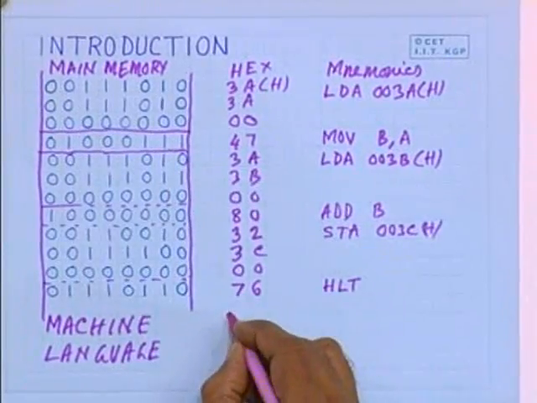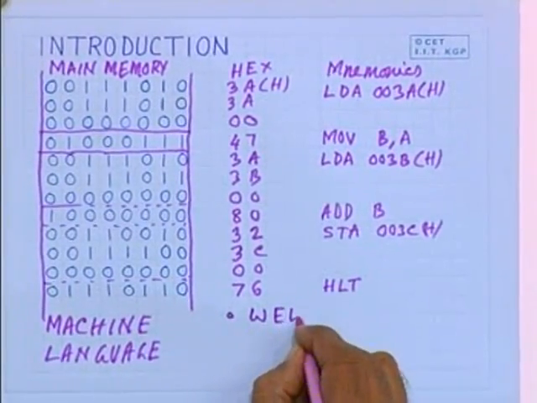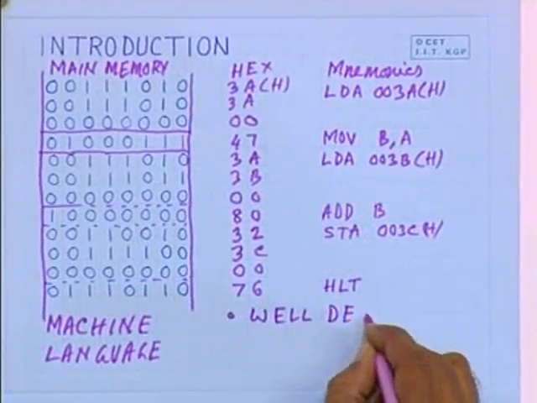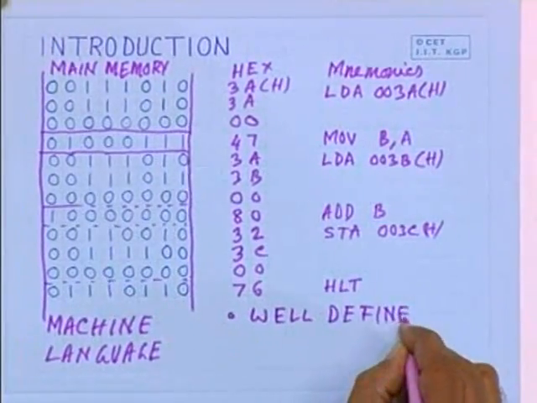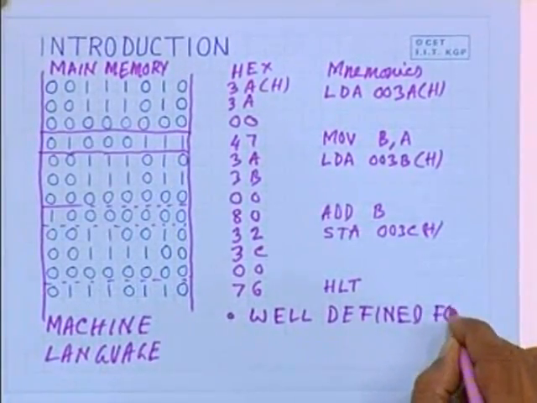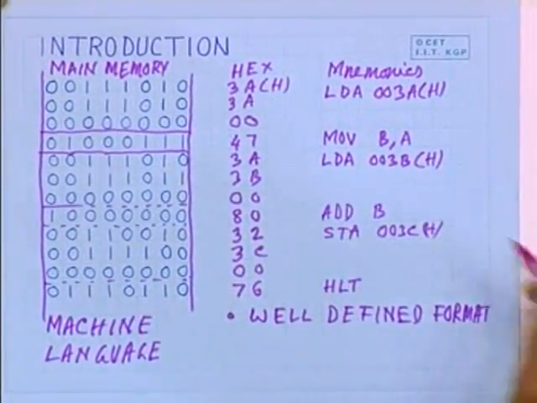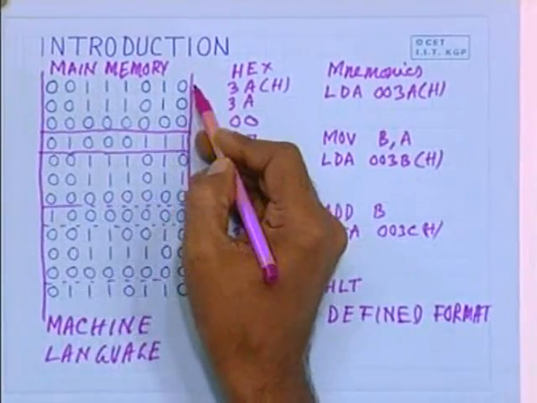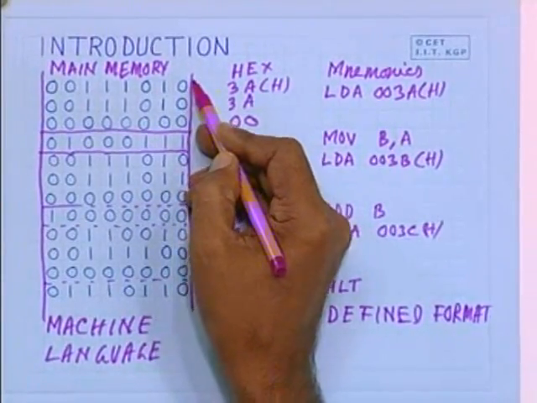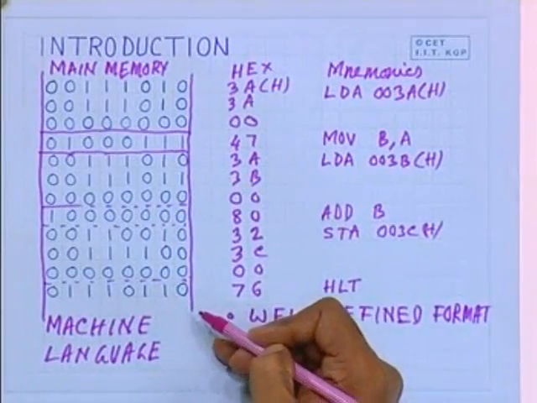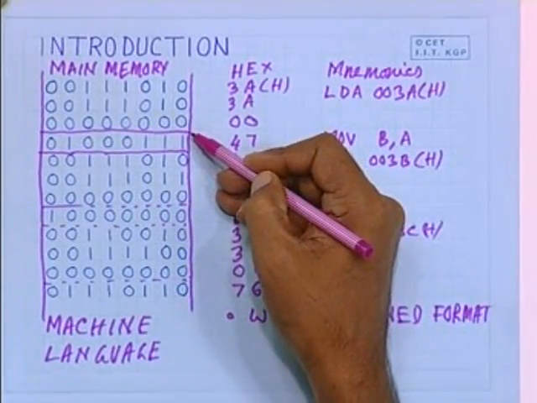It all depends on how it is interpreted inside the CPU. So that the interpretation is proper, it is necessary to follow some well defined format. Otherwise, the CPU will not be able to interpret these instructions as they are fetched into the CPU.